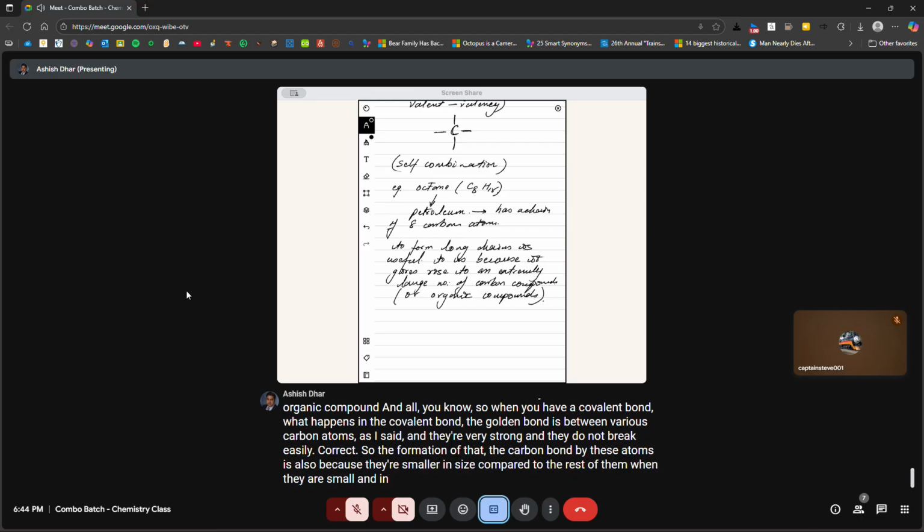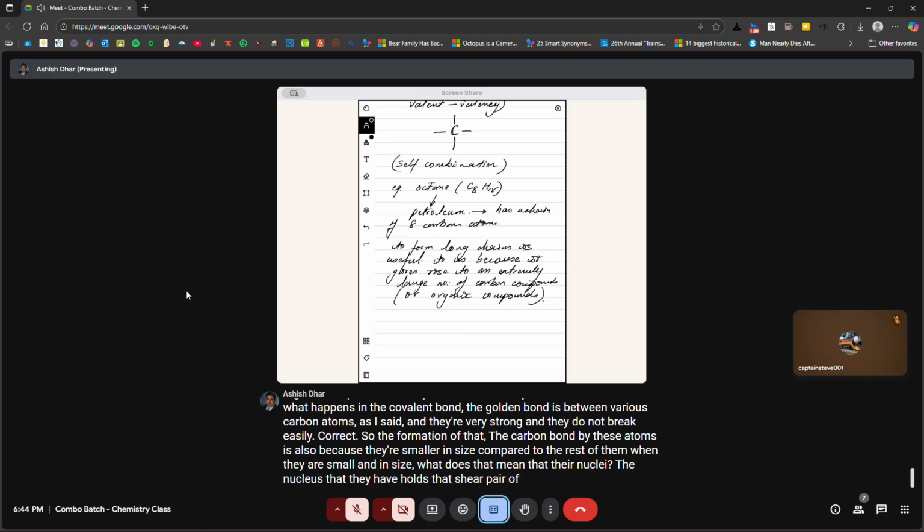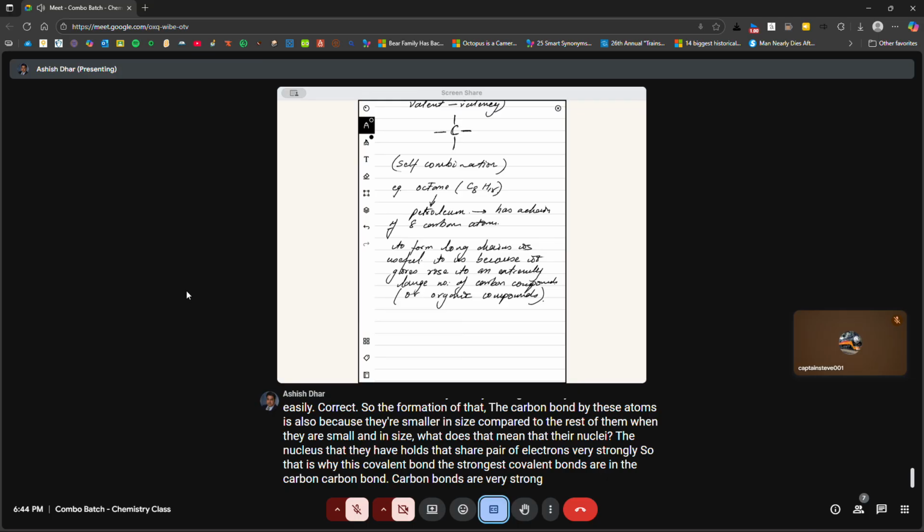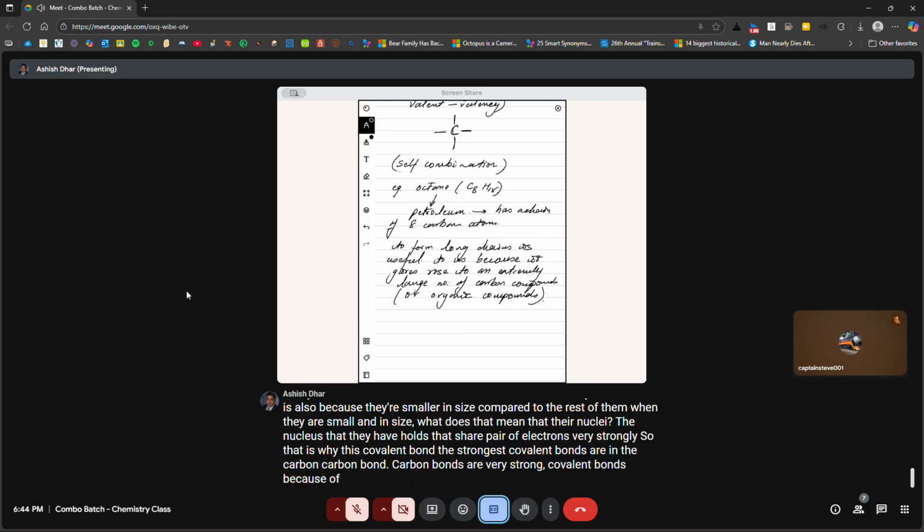When they are smaller in size, what does that mean? Their nucleus holds that shared pair of electrons very strongly. So the strongest covalent bonds are in the carbon bond. Carbon bonds are very strong covalent bonds because of their size.